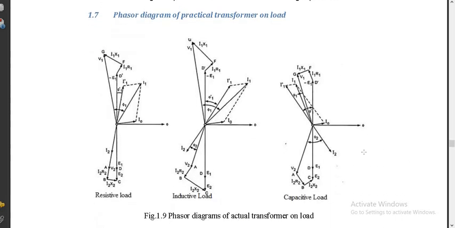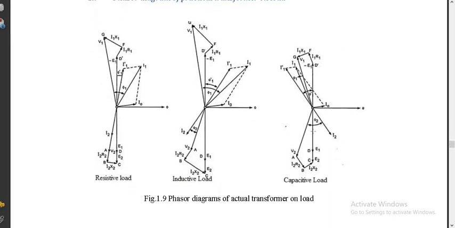Similarly in the third, you can see the same thing, E1, E2, then V2 lagging behind, but now I2 is, you can see this is phi 2, and V2 is over here and I2 is over here. That means I2 is anti-clockwise, since it is leading ahead. In capacitive load we say the power factor is leading, that means the current is leading.